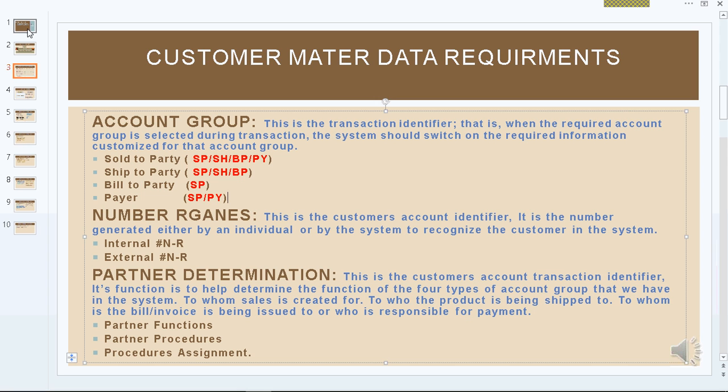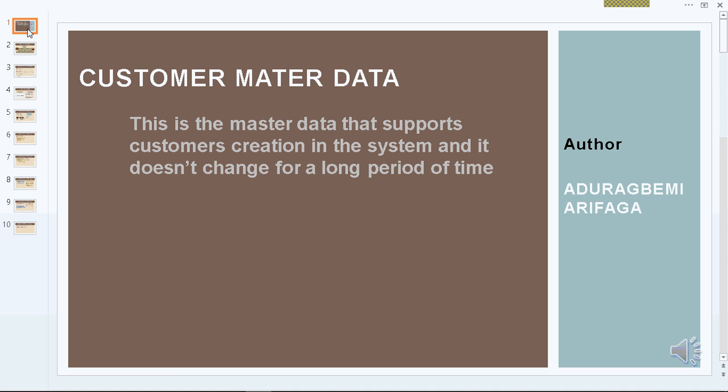Okay, customer master data. This is the master data that supports customer creation in the system, and it doesn't change for a long period of time. And this is just a general idea of what customer master data is for. Customer master data helps us to be able to create a customer in the system.